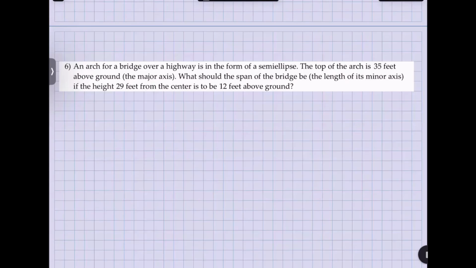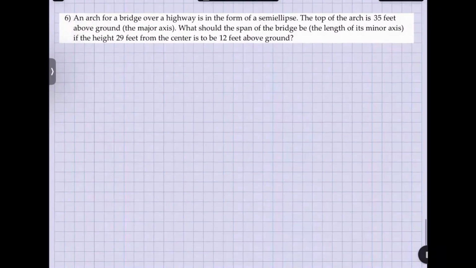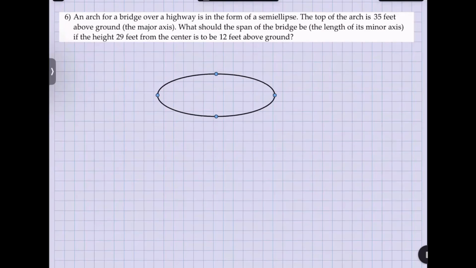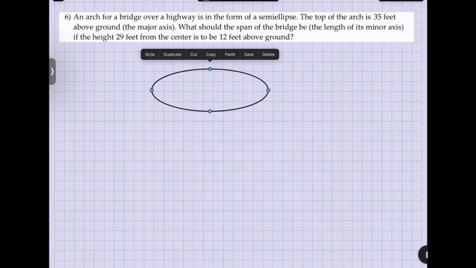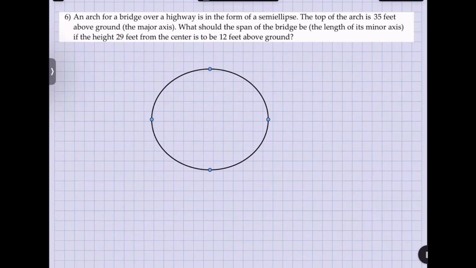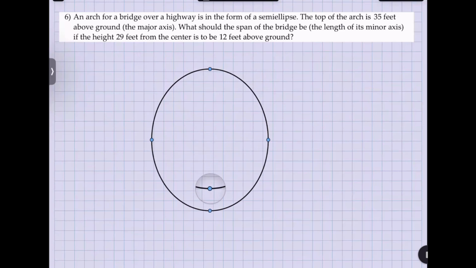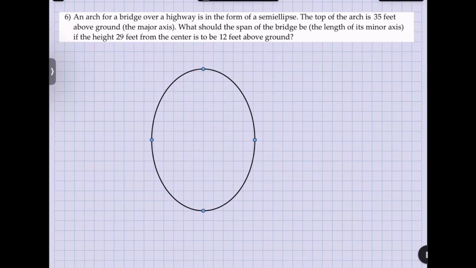That was confusing, huh? And it's going to be a major axis too.